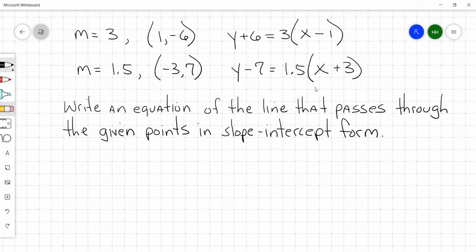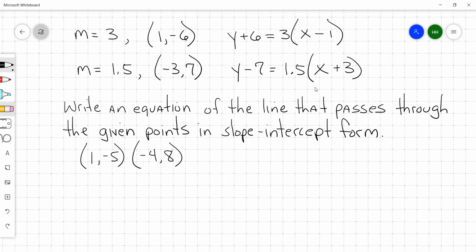So now you're just going to be given 2 points. Let's say your points are 1, -5 and -4, 8. So what you've got are 2 points on a line. You need to write this equation in slope-intercept form.